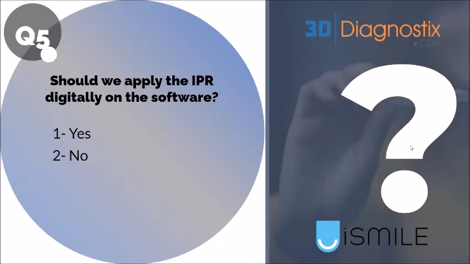All the new software right now does not have the tool to provide IPR. They only tell you you need to do this specific IPR, for example, 0.2, 0.4. It doesn't matter, but you need to have this specific IPR in this specific region, and the doctor will do that clinically in the patient's mouth. All right, so moving on to the software.